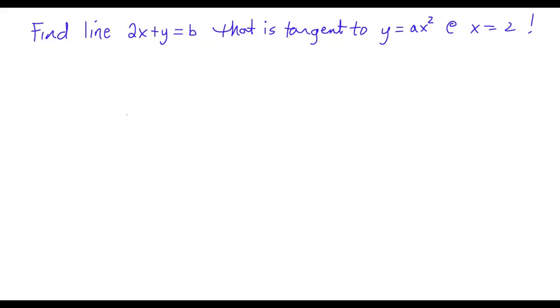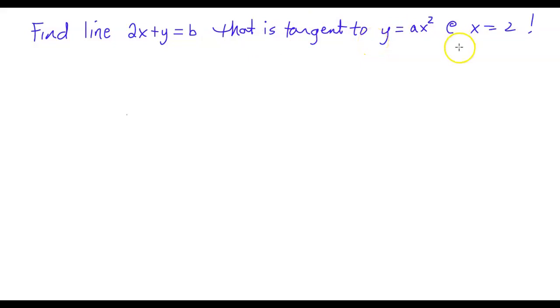All right, so I've rewritten a summary of what our problem is asking us for here. The first thing we want to recognize is that we have a parabola, and we're trying to find a line that is going to intersect this parabola at a single point.